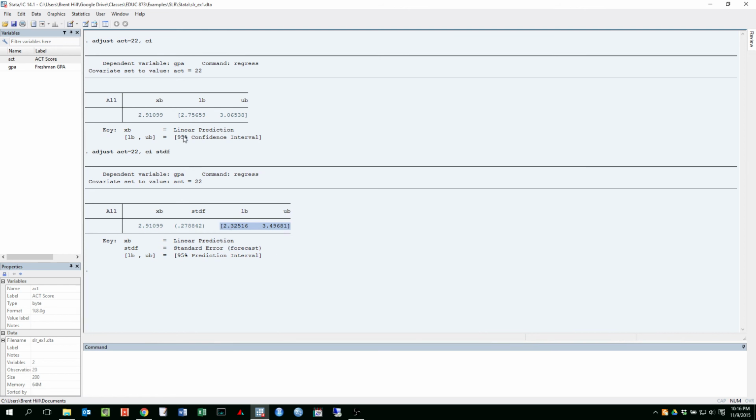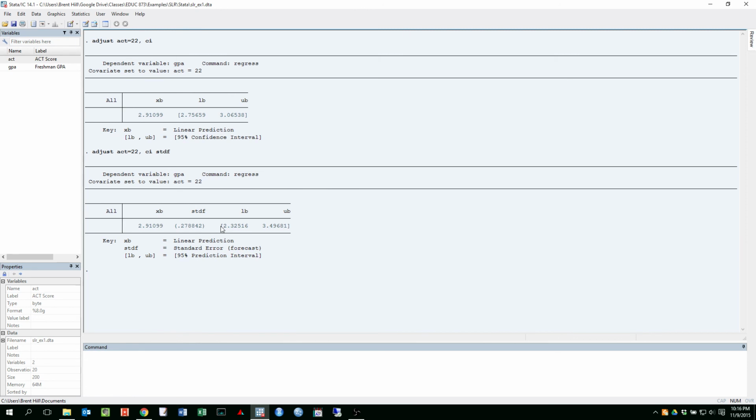Now, if you notice, this is quite a bit wider than what it was up here for the confidence interval, because that confidence interval is trying to predict where the conditional mean would be. The prediction interval is a little trickier. We're asking quite a bit of the data. We're trying to produce an interval that would capture roughly 95% of the people that would be randomly sampled from this conditional distribution where everyone has an ACT score of 22.